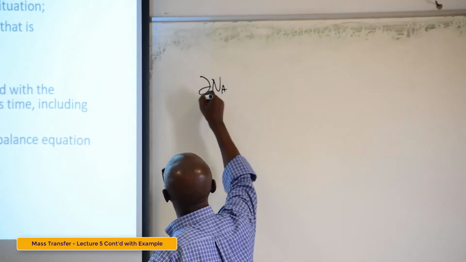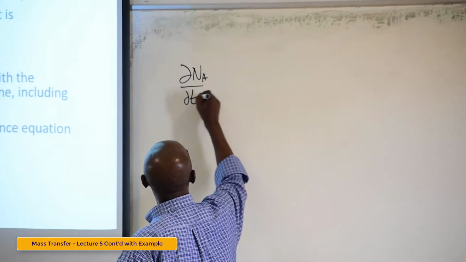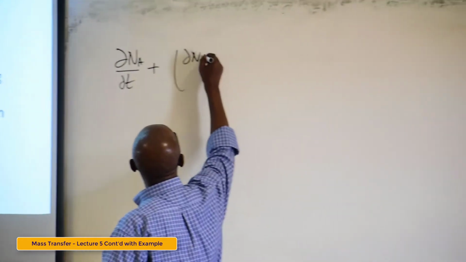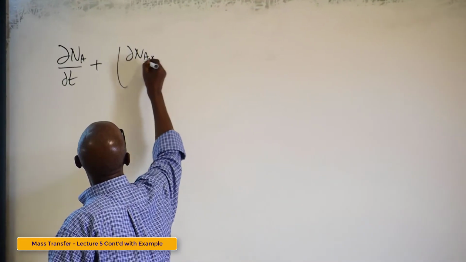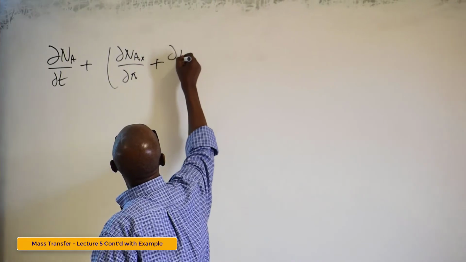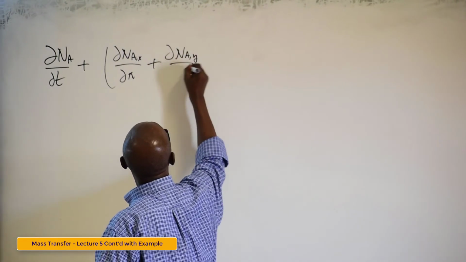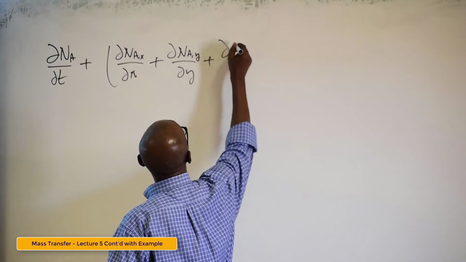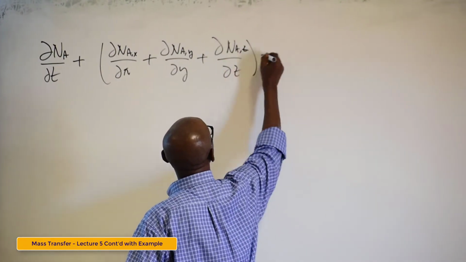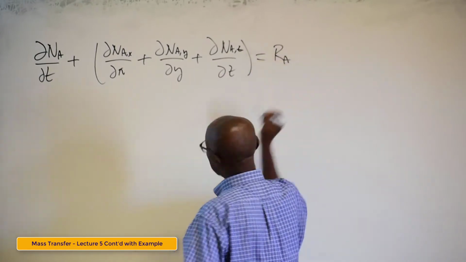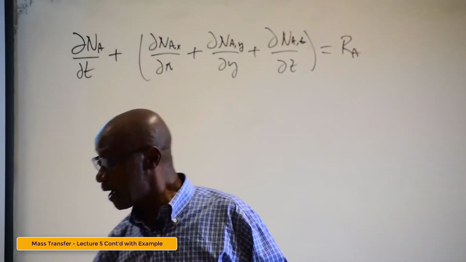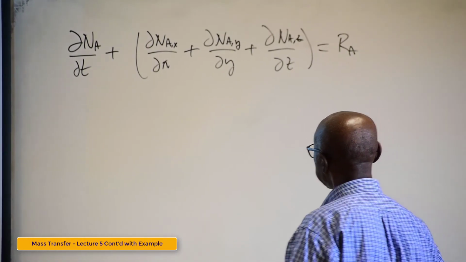It came out with ∂N_A/∂t plus ∂N_Ax/∂x plus ∂N_Ay/∂y plus ∂N_Az/∂z is equal to R_A. So this is a molar flux balance.